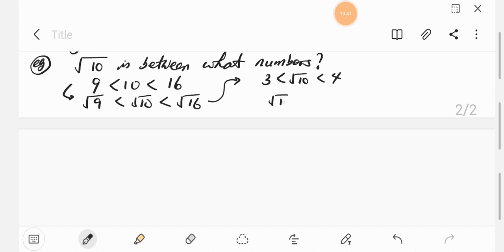So the exact value should be found by using a calculator, but it should be 3 point something. So the value of the square root of 10 is between 3 and 4.